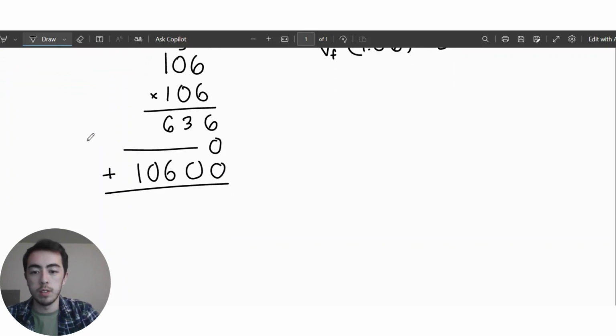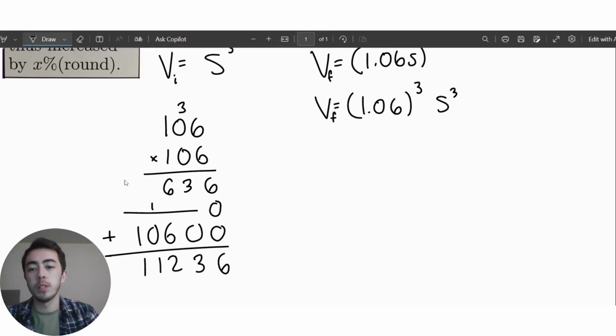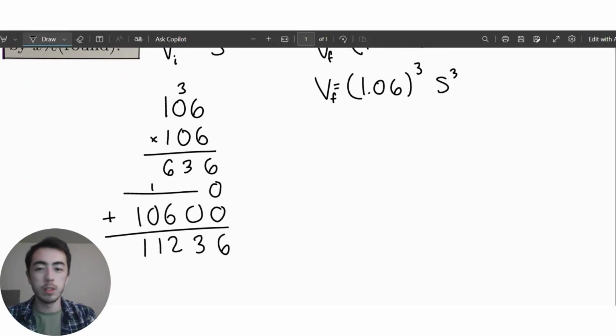Okay, now it's time to add. Here's a 6, here's a 3, here's a 12, so I'll carry the 1. Wait, no, I don't have to do that. I was mentioning I have to be really careful about those columns, and I almost messed up. I carry the 1 here, 1 plus 0 is 1, and then here's that final 1. Now, I was multiplying 1.06 times itself, not 106 times itself, so I do need to place a decimal point somewhere.